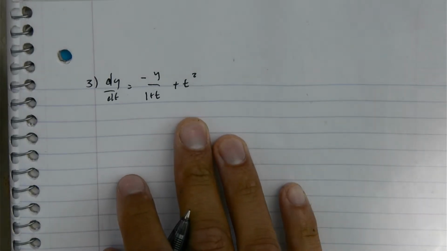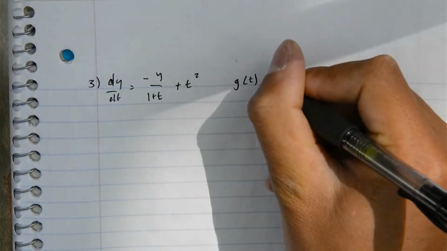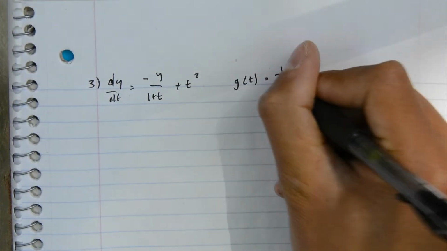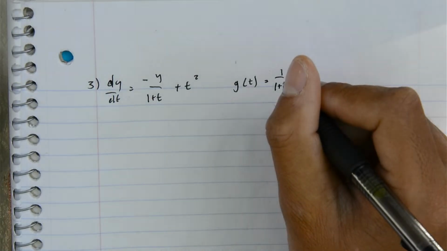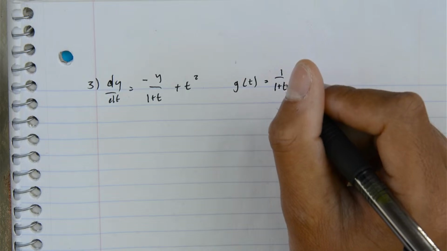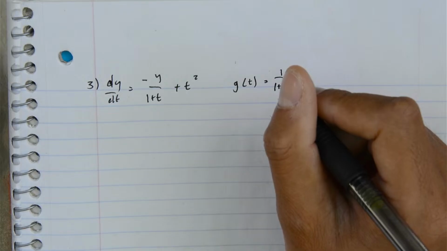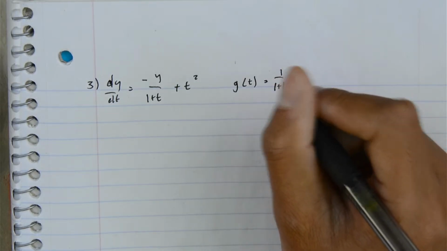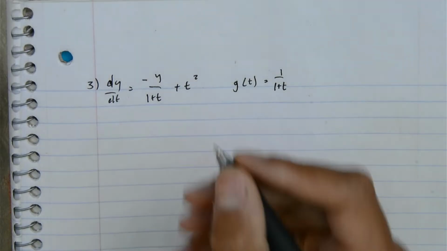All right, so that means that g of t, then we could just set up our differential equation.